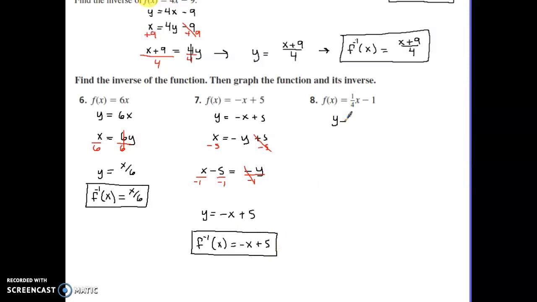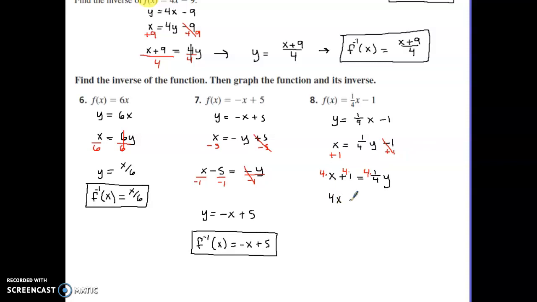Number 8, I go into y. I switch my x and my y. And solve for y. I start by adding 1. I can multiply by 4 to get rid of the fraction on the right, which means I need to multiply everything by 4.